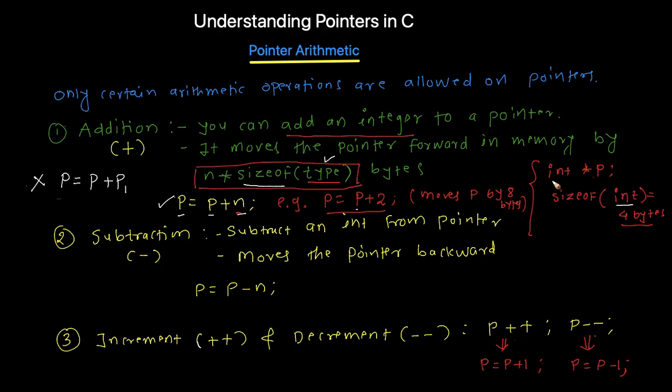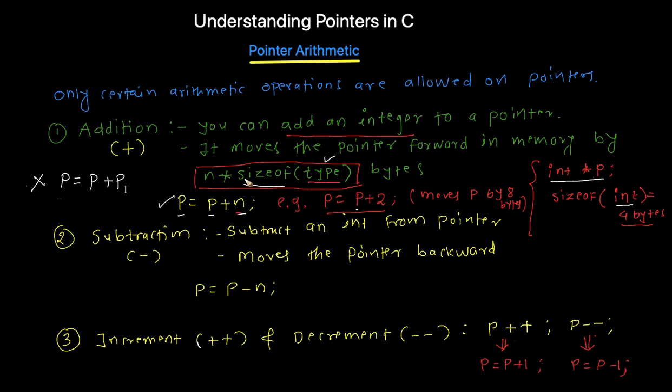For example, if we have an integer type pointer, the type will be int. P is pointing to an integer variable. P is storing the address of another variable of integer type. So sizeof(int) will return 4.